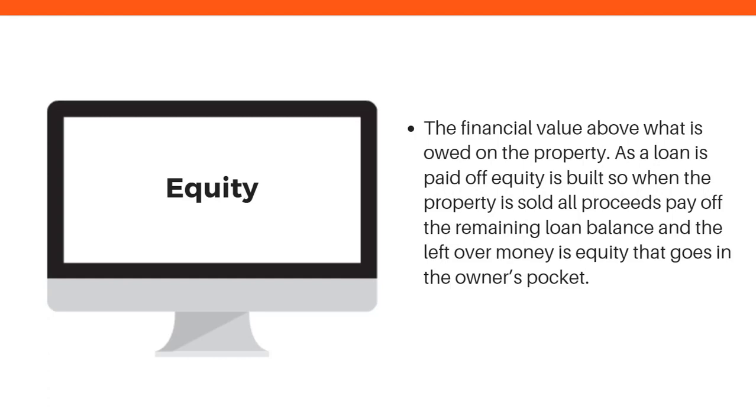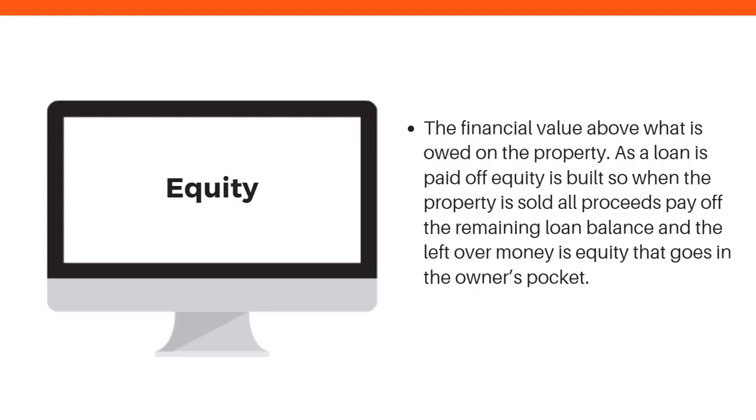Equity. This is the financial value above what is owed on a property. So it's the surplus, the excess, the profit. So if you bought a $100,000 property and you put a $20,000 down payment, you would take a loan out for $80,000 today.